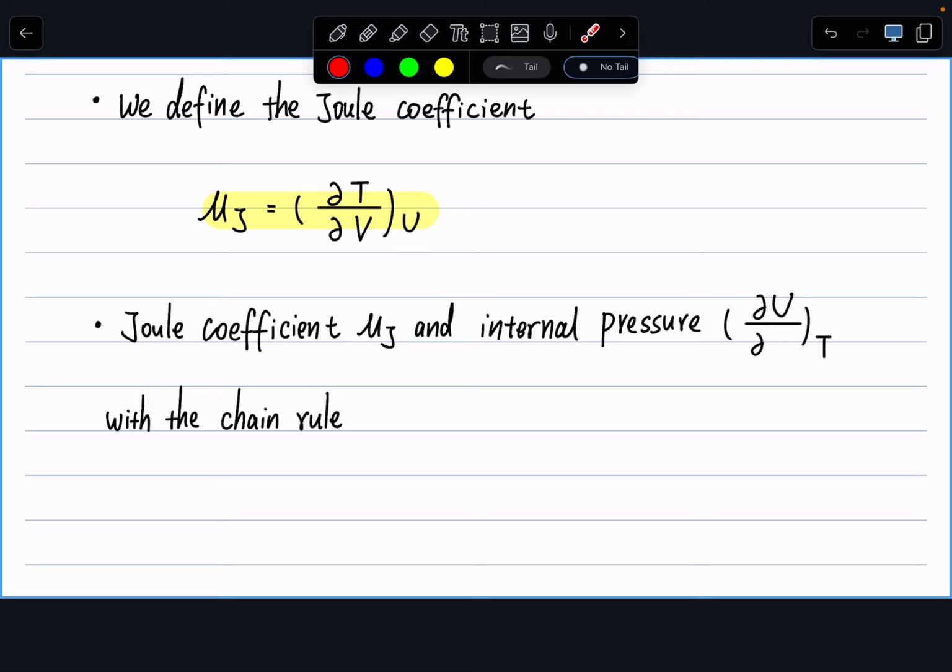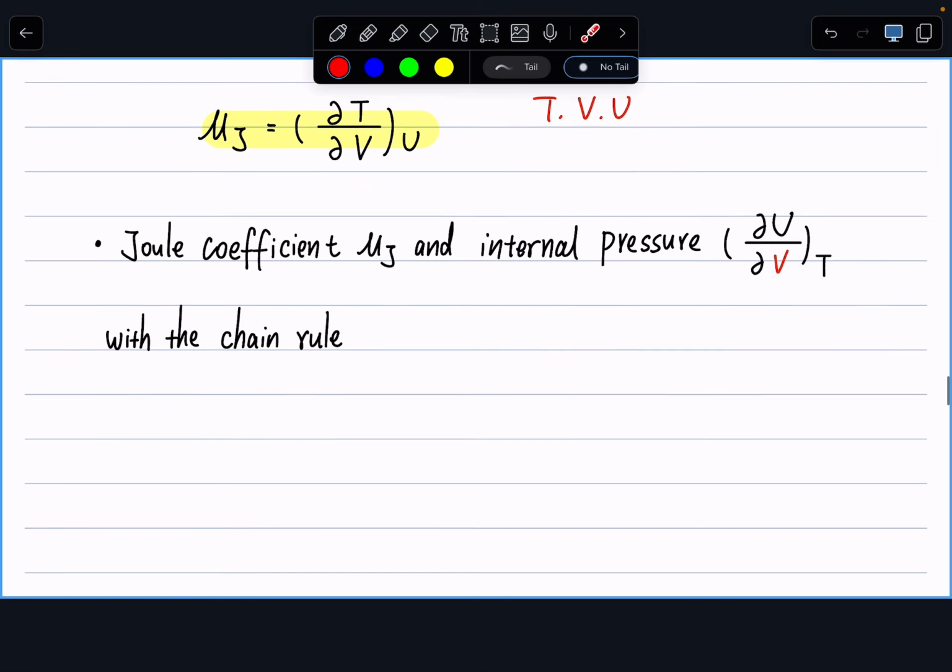All right, so back to what we discussed. We were talking about three different variables. We have temperature, we have volume, and we have internal energy. And in this case, as we say, they are interconnected with each other, right? Remember, we have the chain rule that connects these three partial derivatives with respect to each other.